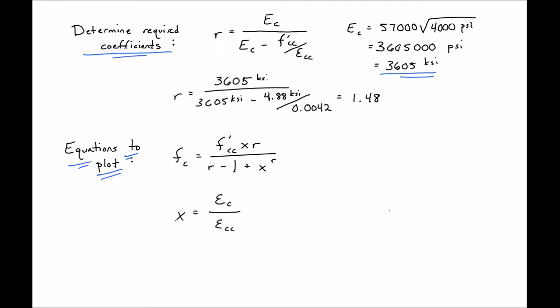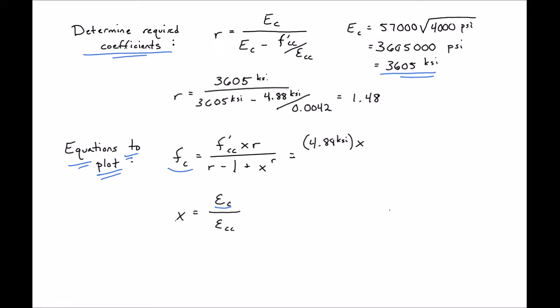So the two expressions that we can plot then are shown here for FC and this X value. So ultimately we want to plot our stress versus strain. So this is just a stress strain plot where we have X here. So let's plug in all the rest of our values. So we'll have 4.88 KSI for our F prime CC.